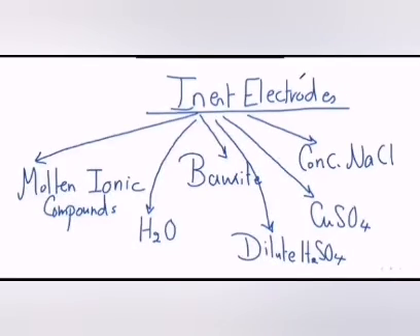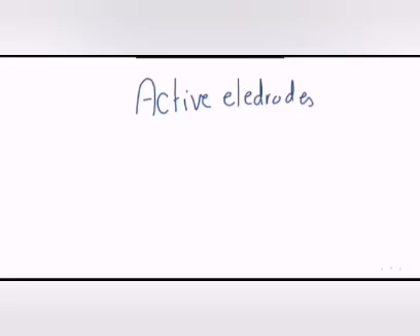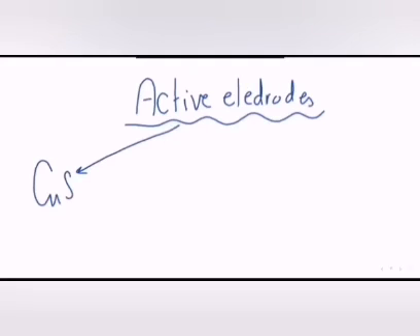Regarding the active electrolysis that you have in your syllabus, we have active electrodes used in the electrolysis of aqueous copper sulfate using a copper anode and a copper cathode.